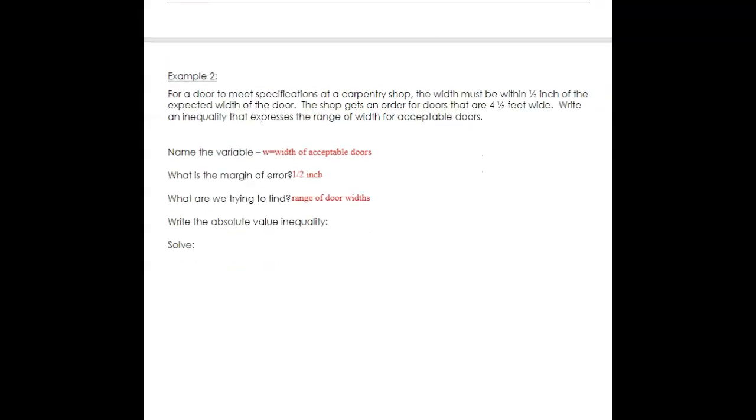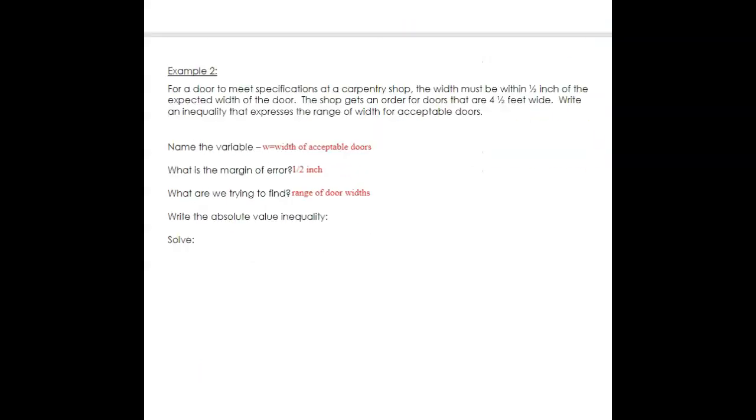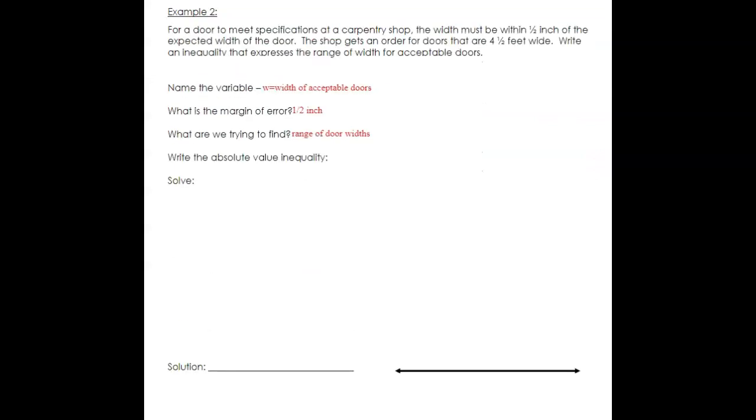So I'm going to write an absolute value inequality. I'm going to use my equation tool, but before I do that, I'm sorry, I don't know why it keeps scrolling. Before I do that, I notice that my margin of error is 1/2 of an inch, but the doors that are ordered are 4.5 feet wide.